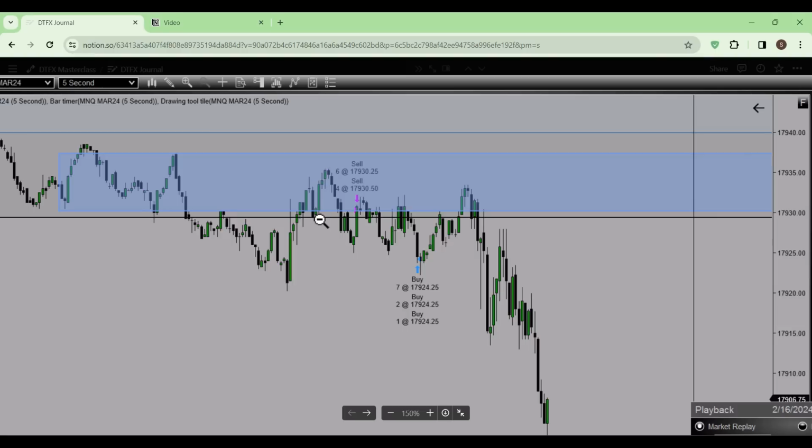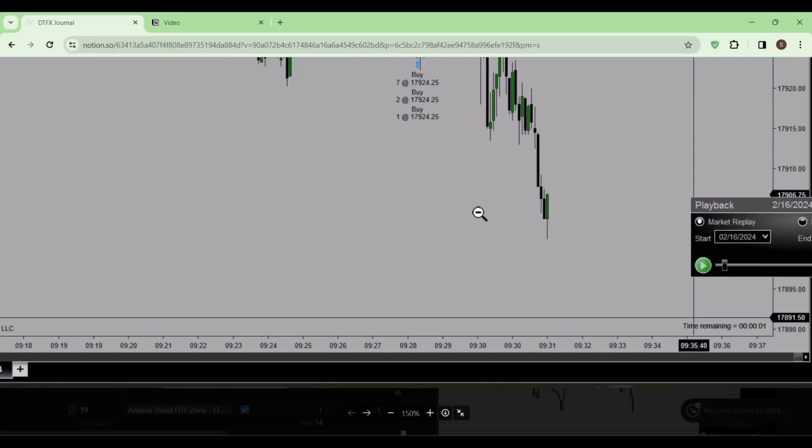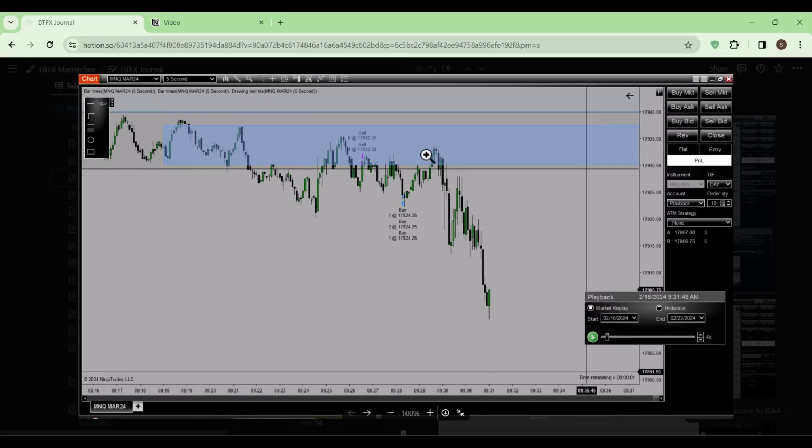So this is the protected low, the last protected low that put in this high. We broke it here with a body closure, returned back to the zone, to the swing point, and then we traded lower. And as you can see, price created a new low and continued the trend.